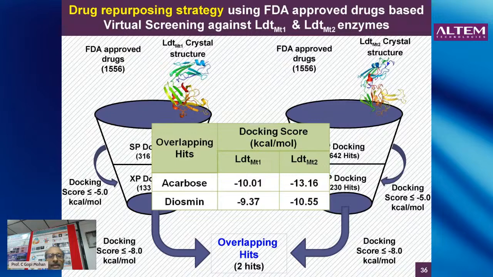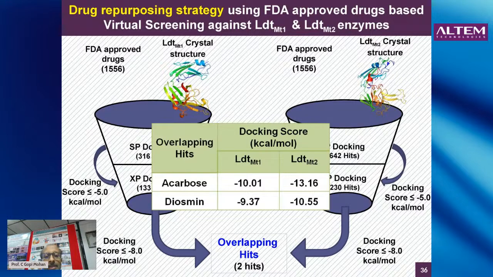We have done molecular docking of around 1556 FDA approved drugs, and finally we were able to get high docking score compounds, more than 8, with respect to MT1 and MT2. I'm not going into details, but finally we got the overlapping hits, meaning those common to both enzymes, MT1 and MT2: acarbose and diosmin.